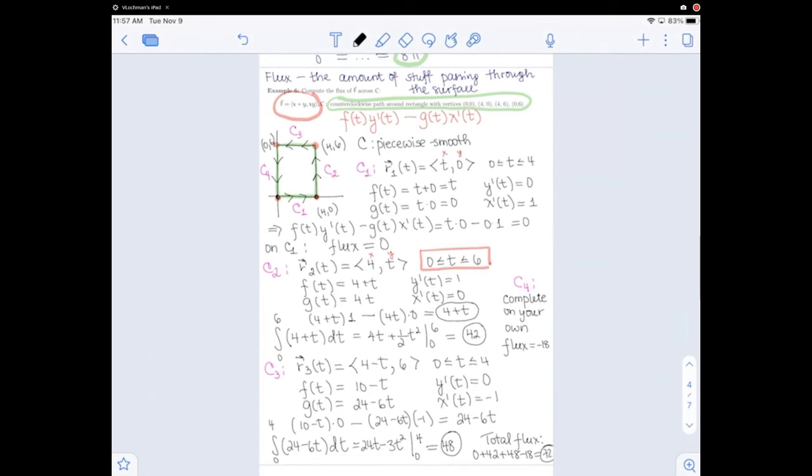We're going to discuss that next week. All right, but this is the long way of computing a line integral over a curve that is not smooth, but piecewise smooth, right? So anytime you have a corner like that, or maybe a cusp, then we got to split it up and rewrite our parameterization for each part of the curve.